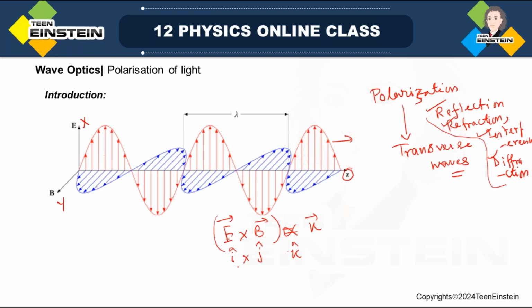So the electromagnetic wave is propagating along the z direction, and the electric field vector is oscillating in the x direction, which is perpendicular to the direction of propagation, and y is also perpendicular to the direction of propagation, which is the z direction.